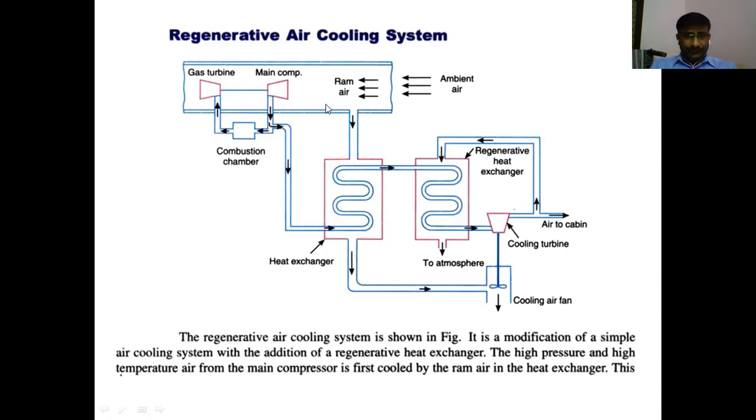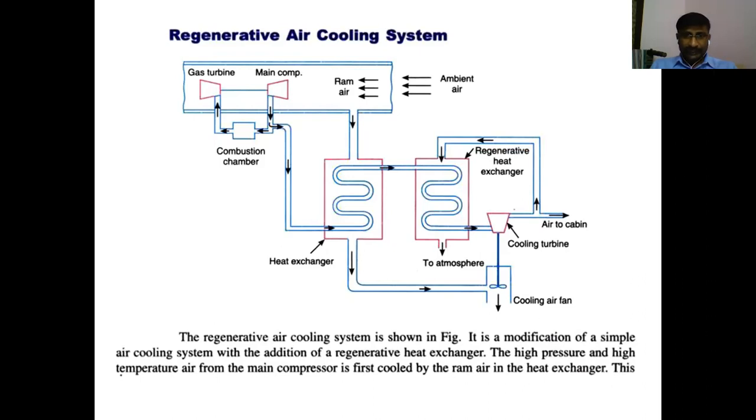Here, utilizing the ram air in the first heat exchanger, the air is cooled first of all. This cooled air is again sent to the second heat exchanger, called the regenerative heat exchanger. In this regenerative heat exchanger, the cooling medium is not ram air. The cooling medium is taken from the cooling turbine, that is, some amount of air bled after the expansion in the cooling turbine.